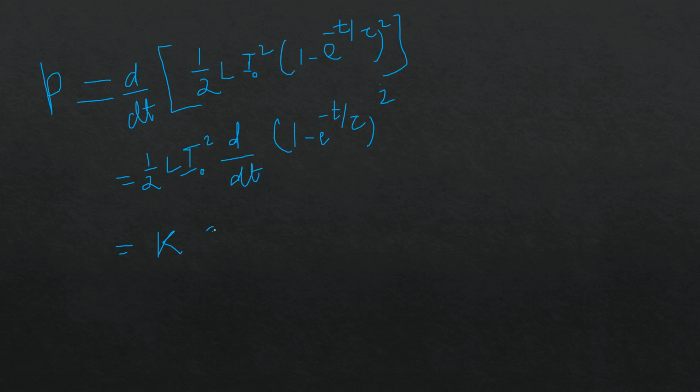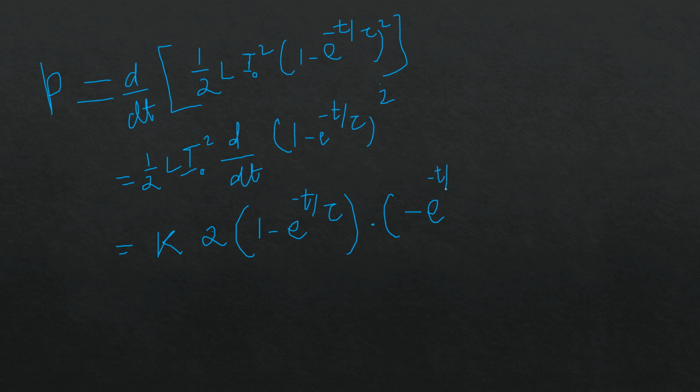So d by dt of this one will become 2 into 1 minus e to the power minus t by tau, derivative of the whole thing into derivative of the inner part. What is that? Minus e to the power minus this one, you figure it out yourself.